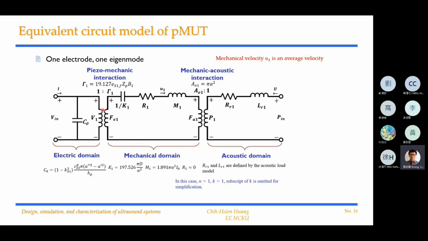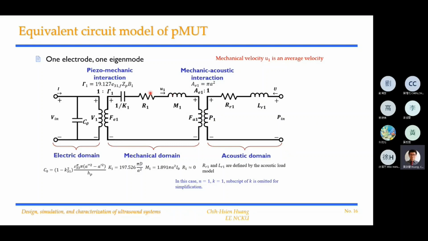So your voltage, after a conversion factor, gives you a mechanical velocity. Velocity here will act like a current. Doing it as a current makes it easier because here you have impedance here, here, and here. If you want to directly convert the voltage to this side, you need to do an impedance partition to have a partial voltage at this side and convert to the acoustic domain.